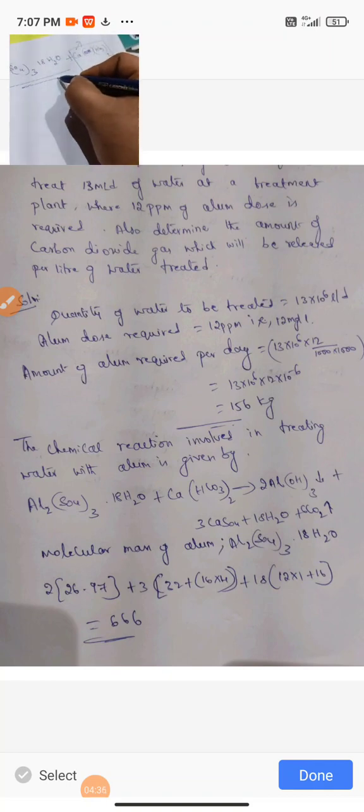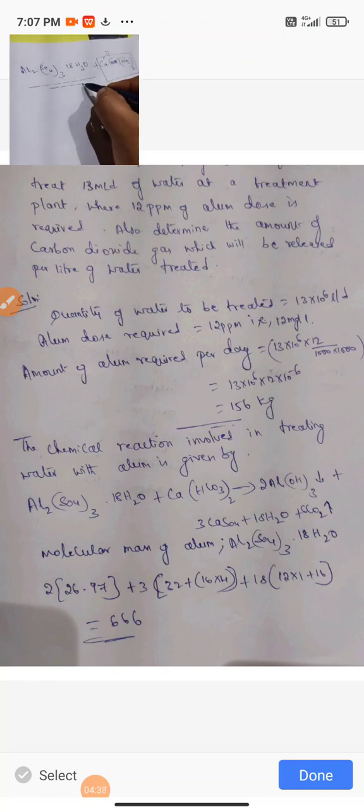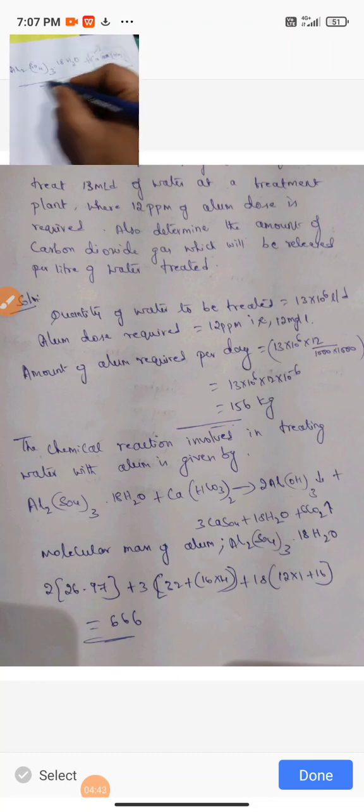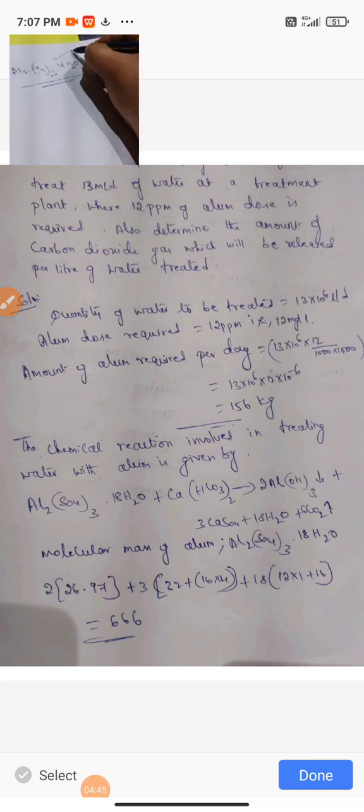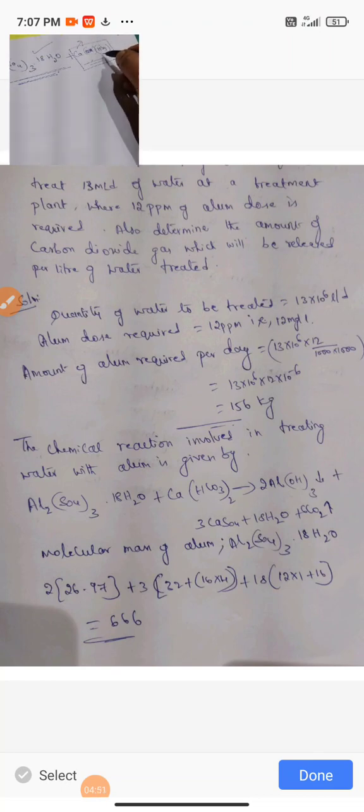Alum is the coagulant which we add, the chemical we use. In water there is calcium bicarbonate, where HCO3 is the bicarbonate, and it gives rise to the reaction.